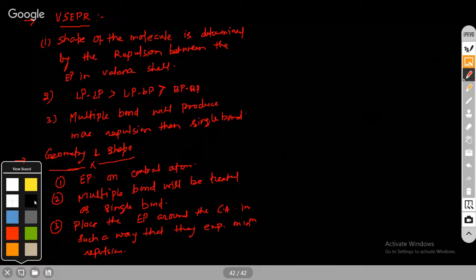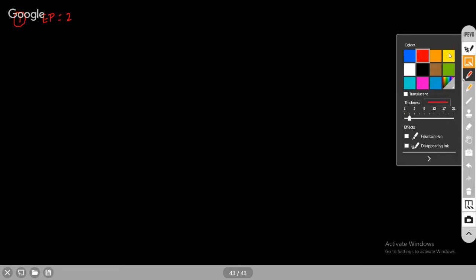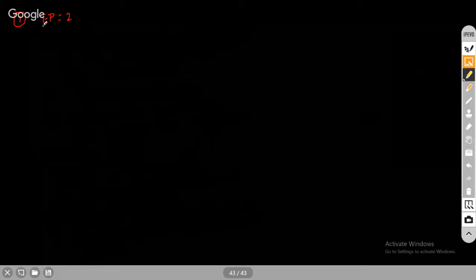Next slide, let me write this down. Suppose the first case we have number of electron pairs is 2. Now in this we can have bond pair also and lone pair also. Whenever we say electron pair, we mean both bond pair and lone pair, right? So the possibility is what? Since electron pairs is 2, for any molecule we should have at least 2 bond pairs.